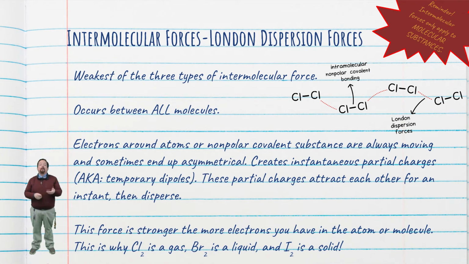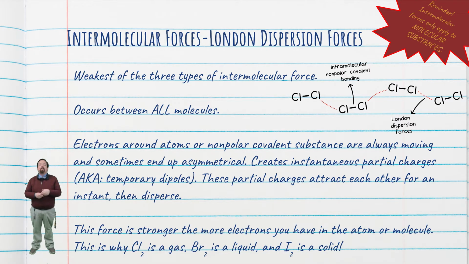Lastly, London dispersion forces, or LDFs for short, are the weakest type of intermolecular force. They exist between every particle, molecule, or atom that have electrons, which is all of them. In the previous two examples, electrons were permanently stuck to one side of the molecule in a lopsided or unequal manner, creating permanent partial charges.